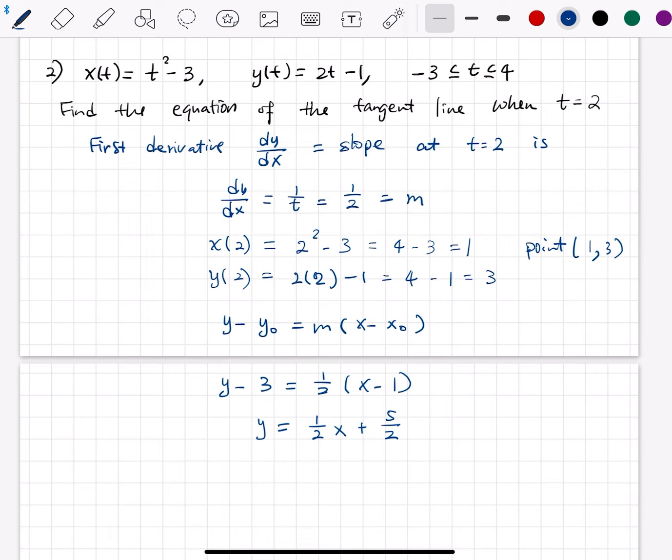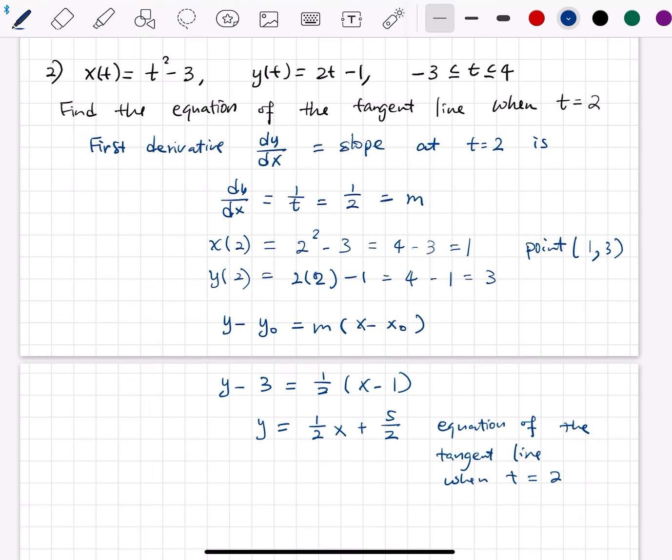Okay, so that is the slope, and corresponding to the slope is the equation of the line, the equation of the tangent line when t is equal to 2.